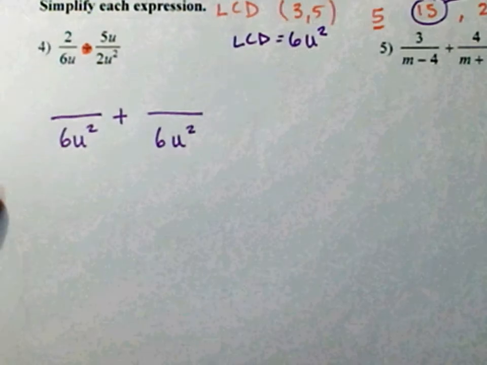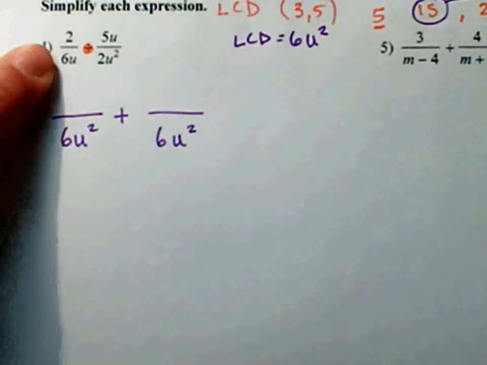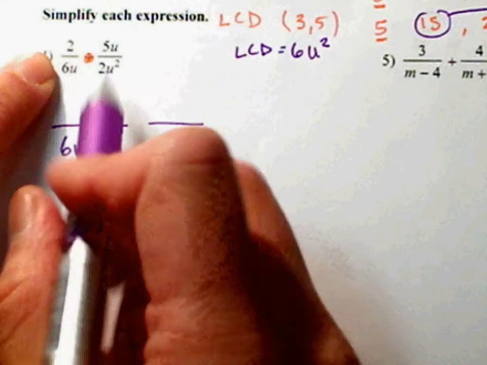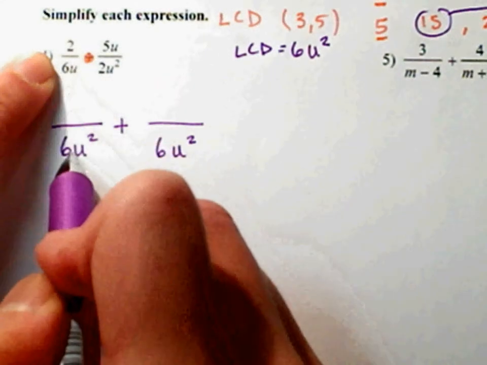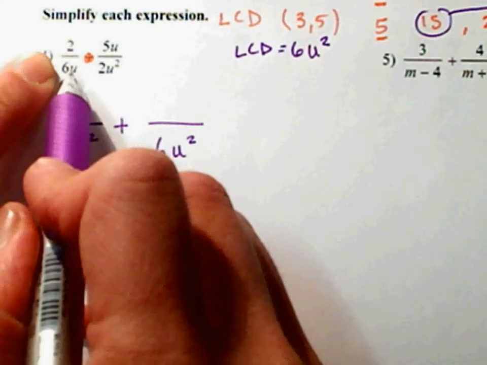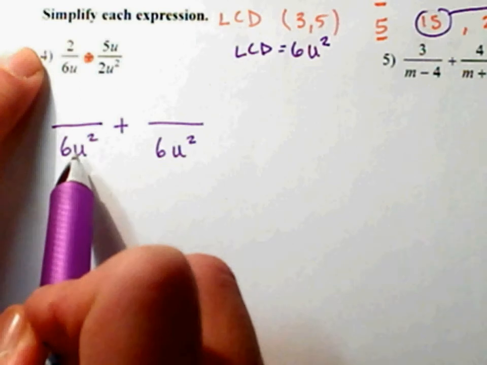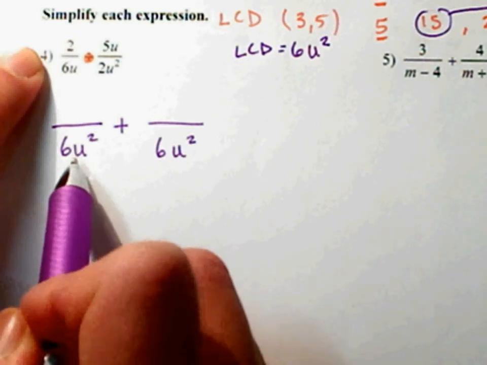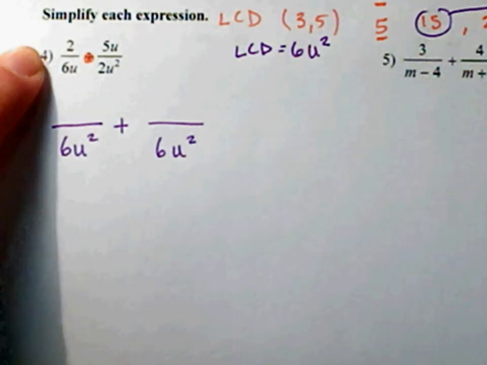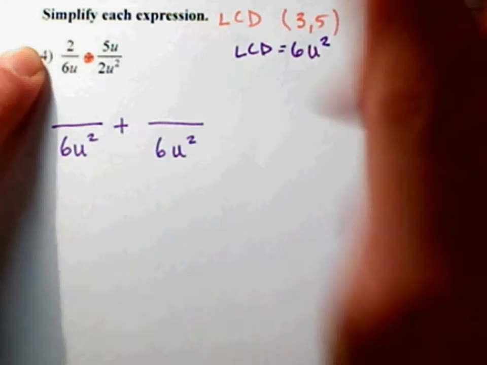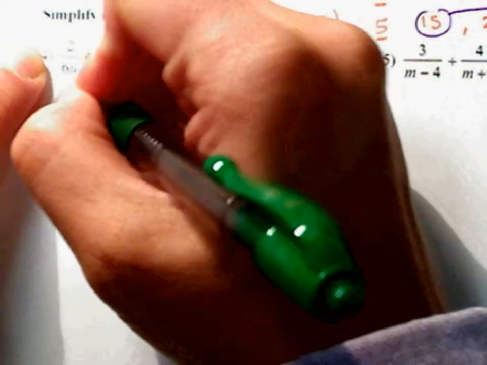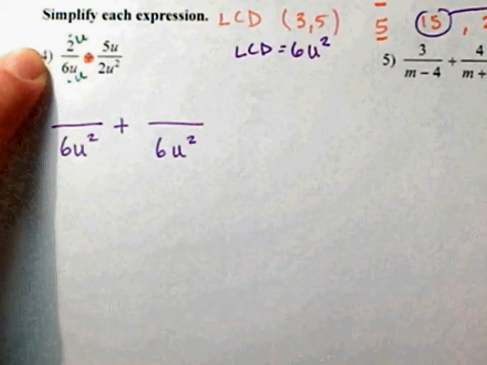Okay? Take a look at this first one right here. I want to make this denominator look like my new denominator. So what must I multiply it by? I have to multiply it by u, times u. What you do to the denominator, do to the numerator.